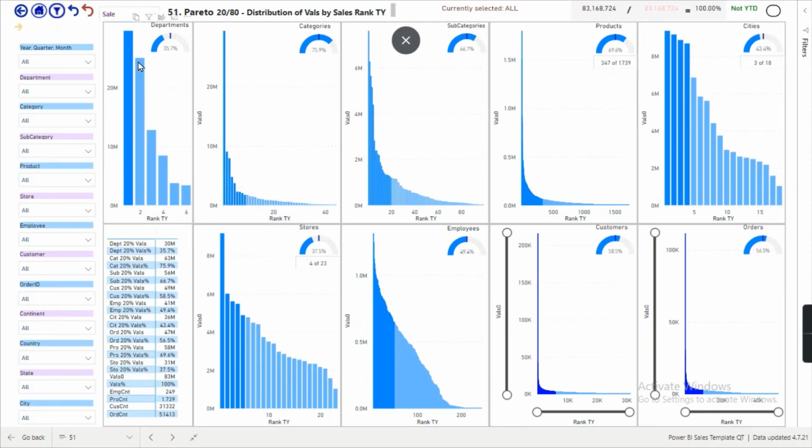For this year, for example, here we have category departments. The first department, TVs, electronics, is 20% and is responsible for 56% of sales.